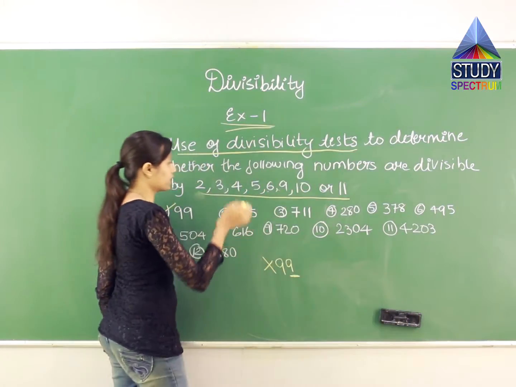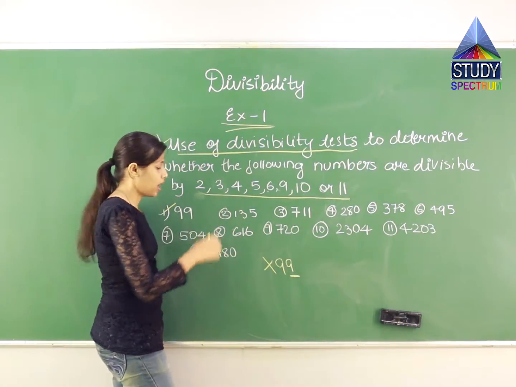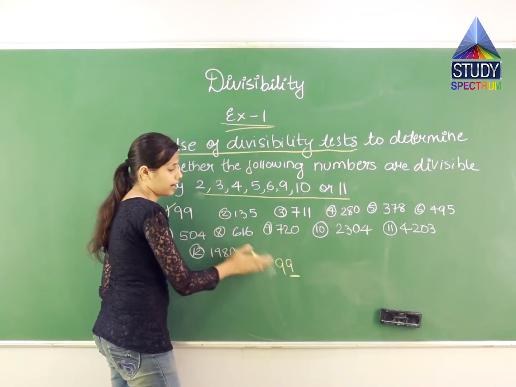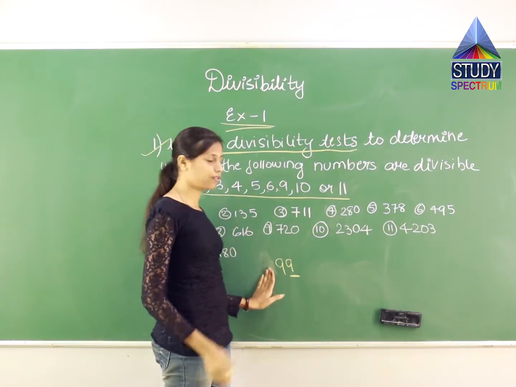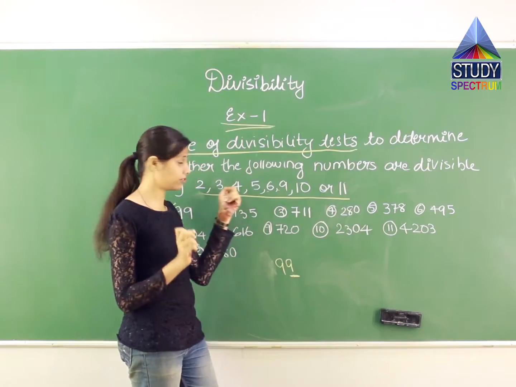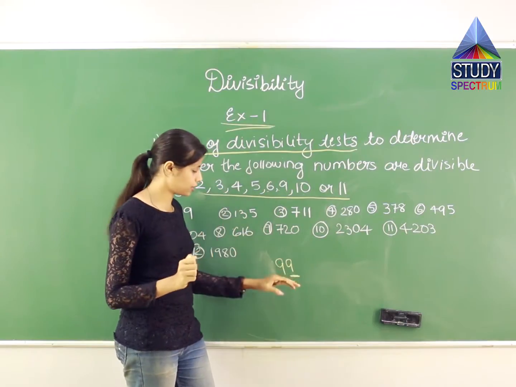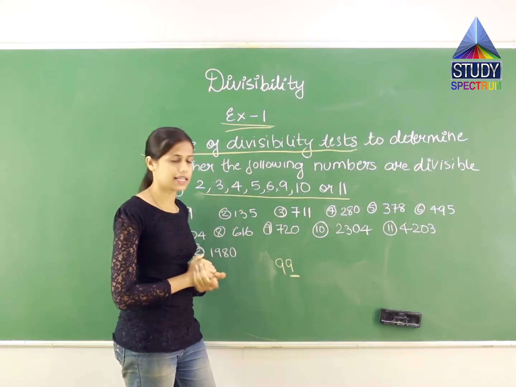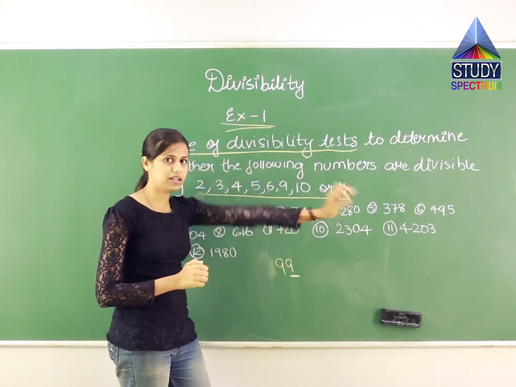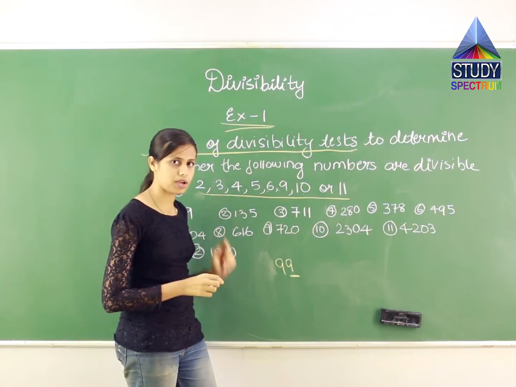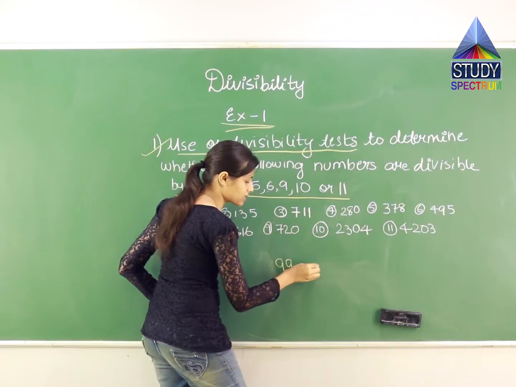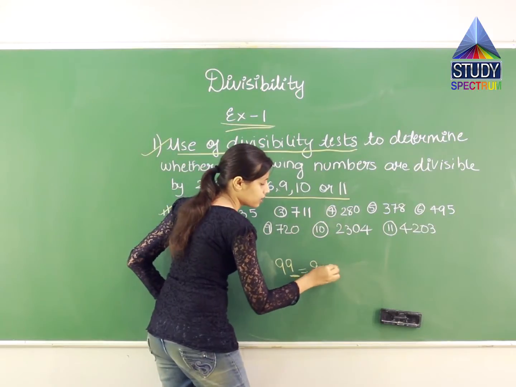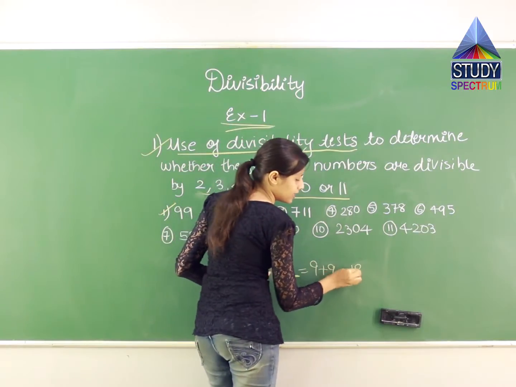Now let us move on to the next check, which is 3. Divisibility of 3 says that add the digits, and if I get the sum, if the sum is divisible by 3, then the whole number is divisible by 3. So add the digits, right? Add means what? Summation. So I'll add them, that is plus them. So 9 plus 9 gives me what? 18.